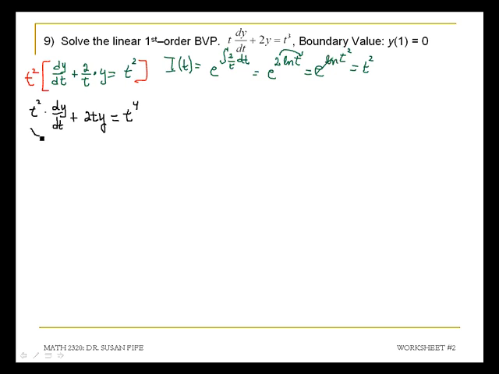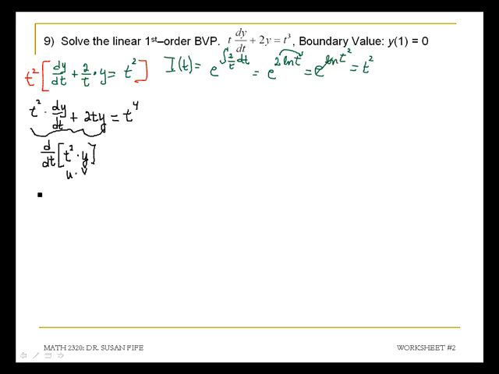And now remember that when you introduce the integrating factor, you should be able to rewrite this left side of the equation as a single derivative. Derivative with respect to t, take that first factor, t squared, and then multiply by your dependent variable, y. And to double check, think of this as your u times v.